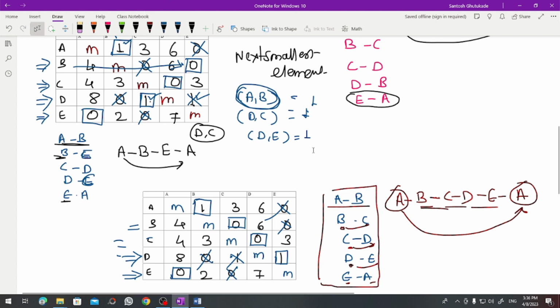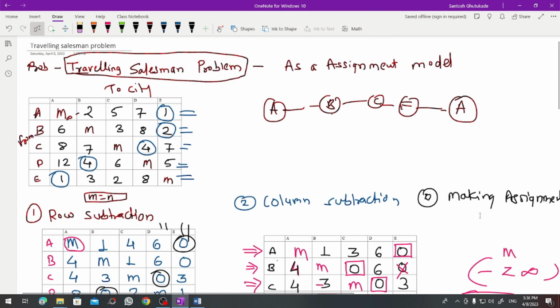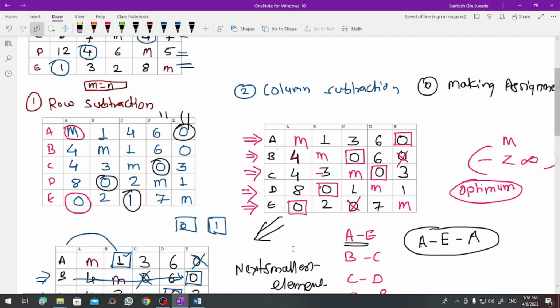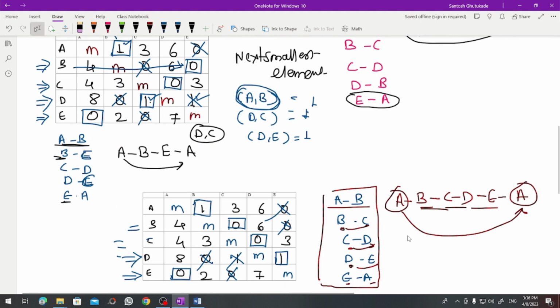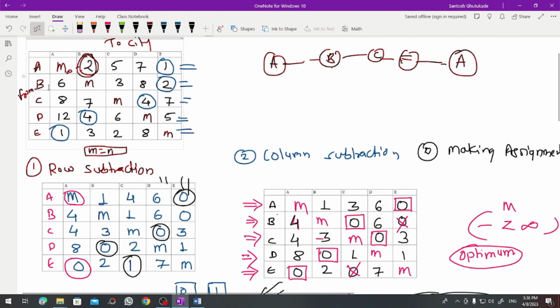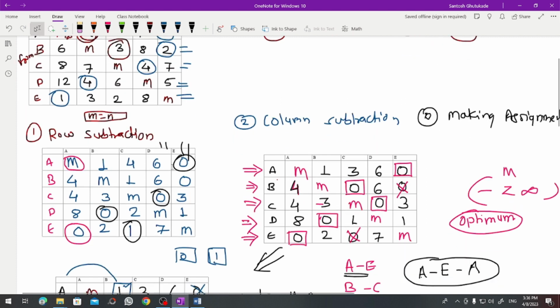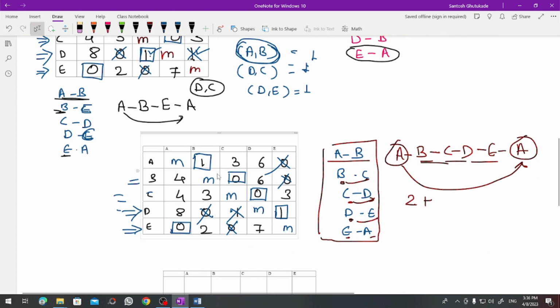Now we will check from the problem what the answer is. The allocation is A, B, C, D, E, and A. From the initial problem, A to B means this 2 in the cost matrix. So I will write A to B, the cost is 2, plus B to C. In the problem, B to C cost is 3.